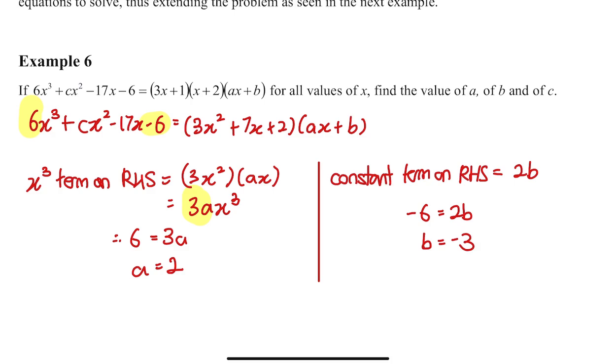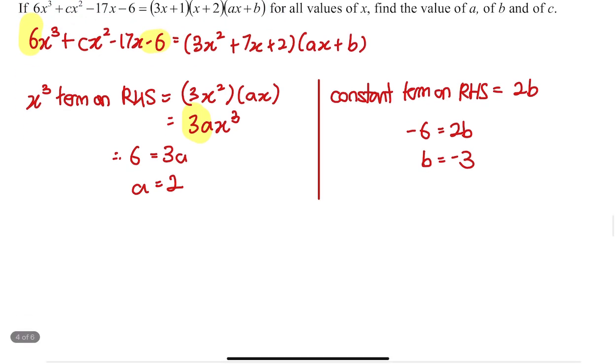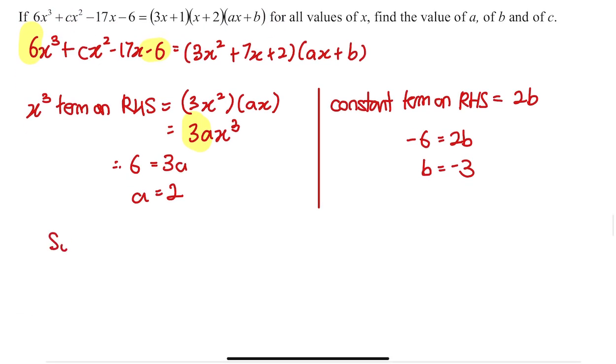What's left to do now is to simply find the value of c. To find the value of c, you can simply sub in any x value, since this is an identity. What I can simply do is sub in, let's say, x equals 1. Then I sub x equals 1 on the left side.